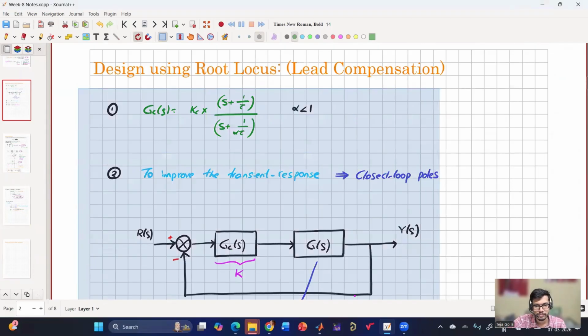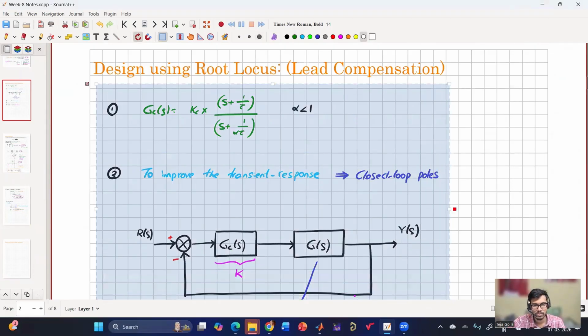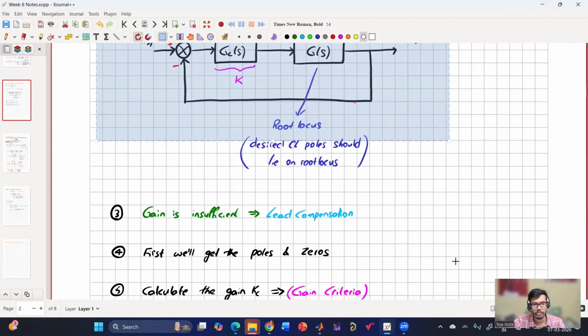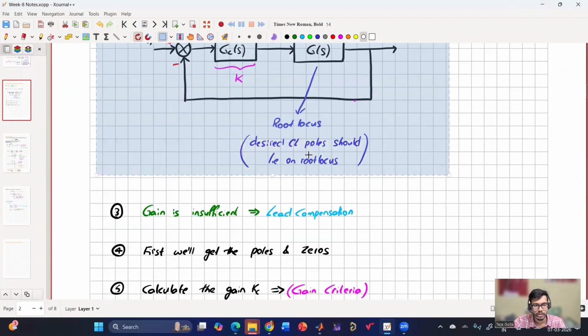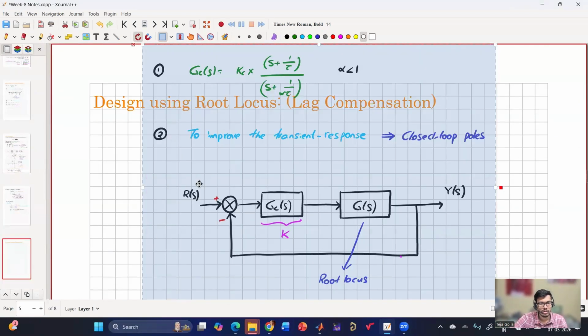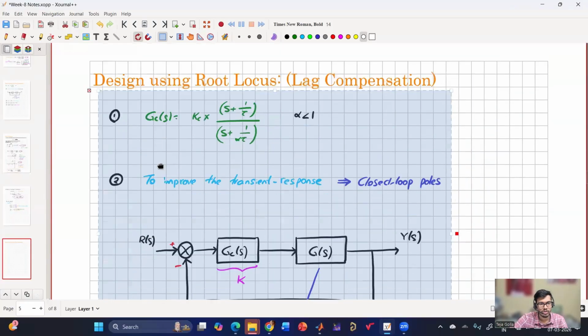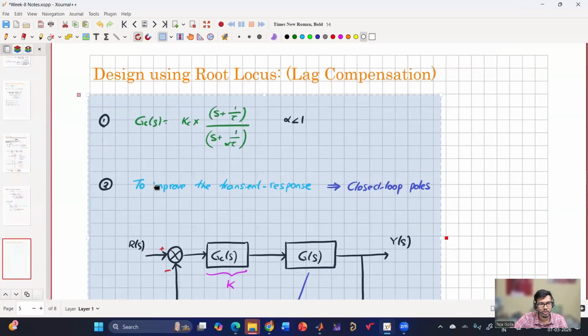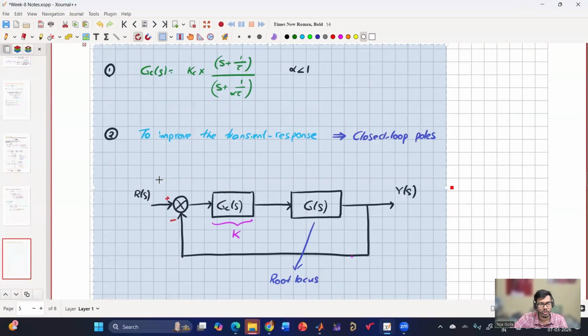paste things from here so that it will make my life simpler. Okay.